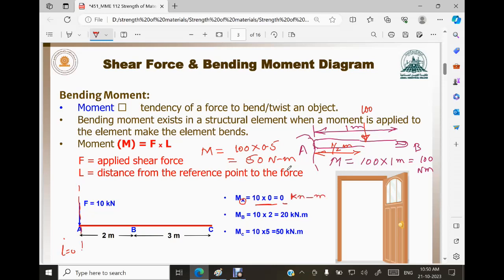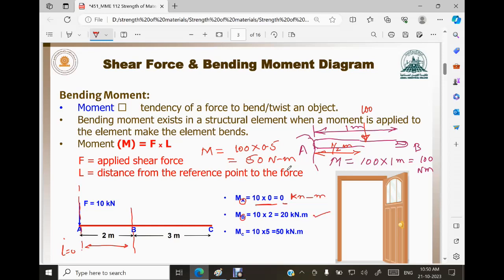There is nothing there. Now if I come to this point B, for this force F of 10 kilonewton, the distance is this distance. So MB is equal to 10 into 2, that is 20 kilonewton meter.